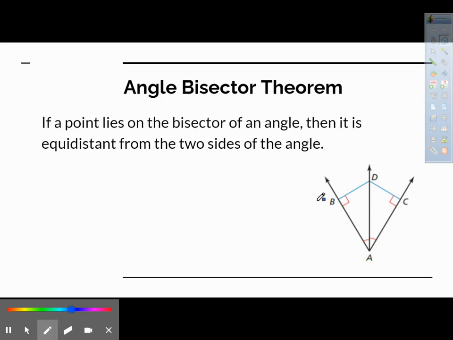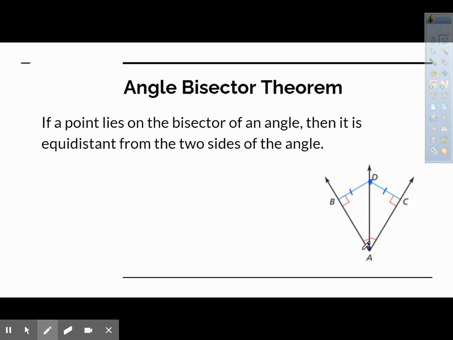So I can tell that this is an angle bisector because these two angles are marked congruent. The two small angles are congruent. Well, if it's congruent, then any point on this line, so at point D, is equidistant to the sides. So from D to B, that's going to be congruent to the segment D to C. They're going to be the same length.